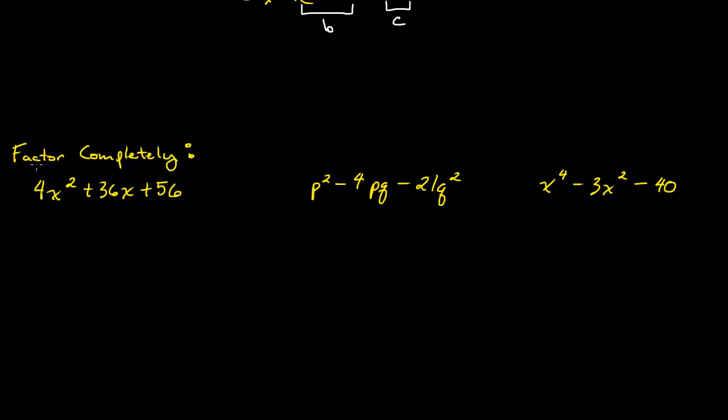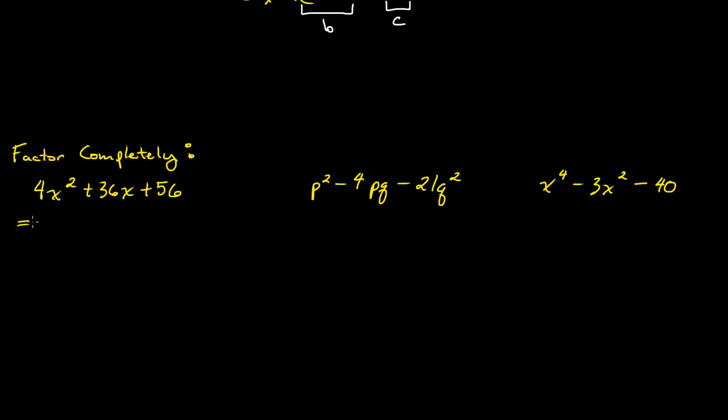In the first question, we're asked to factor completely, and we're given the trinomial 4x squared plus 36x plus 56. This trinomial does not look like the one above because it has a coefficient of 4 beside x squared instead of 1. But the other two terms, 36x and 56, are both divisible by 4, so we have a common factor.